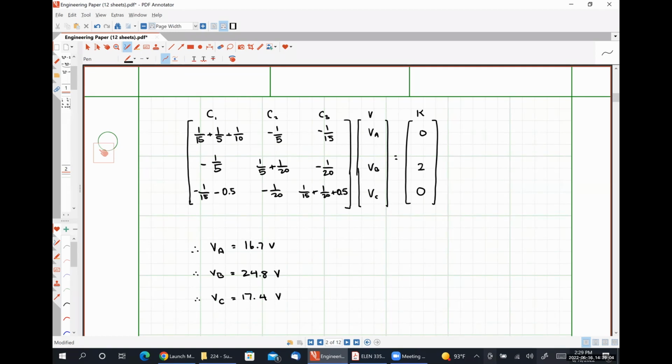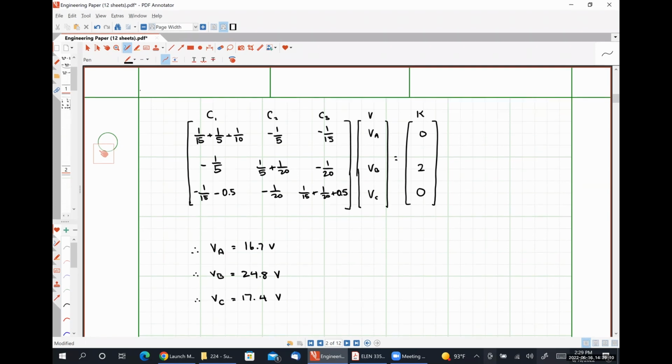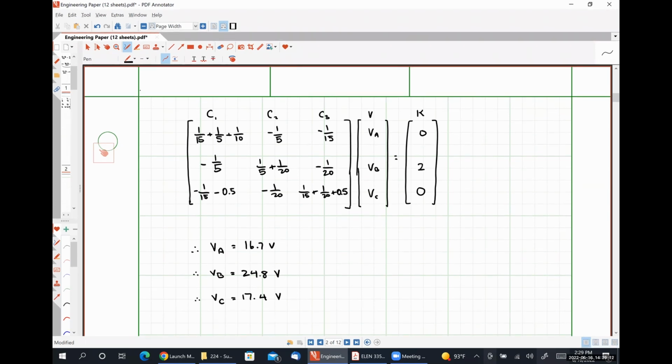Now that we know these 3 nodal voltages, we could figure out any other voltage that we wanted in the circuit. So for instance, we know that Vx is equal to Vc minus Va, which would be simply 17.4 minus 16.7, or 0.7 volts.